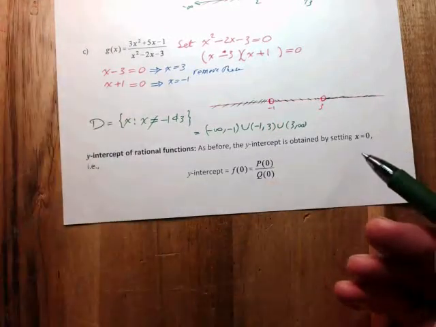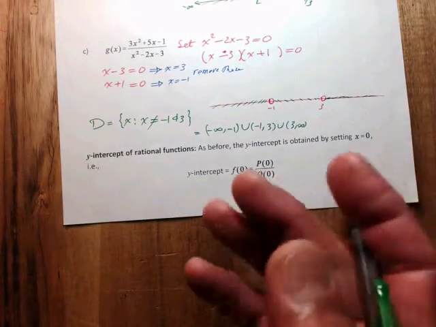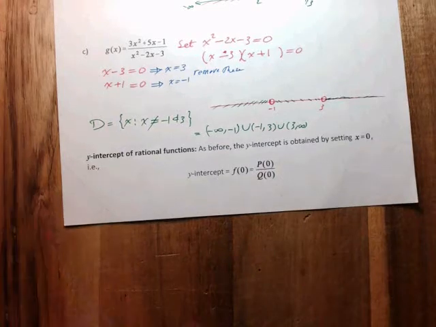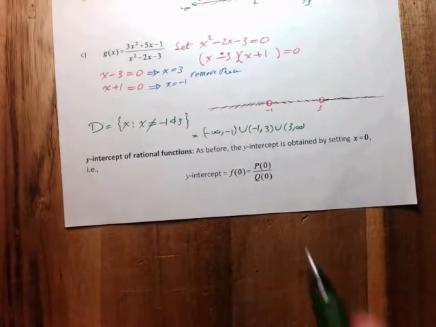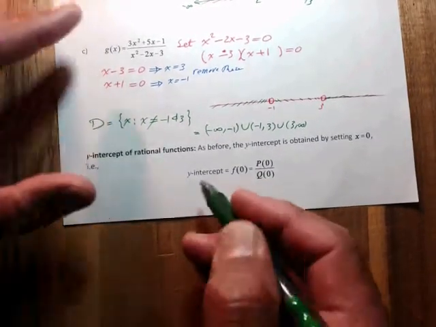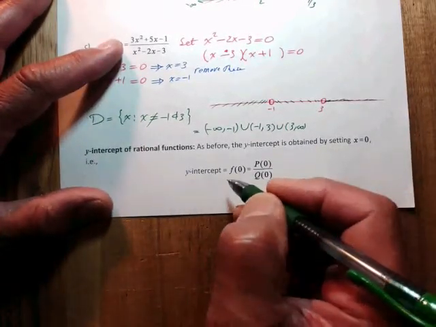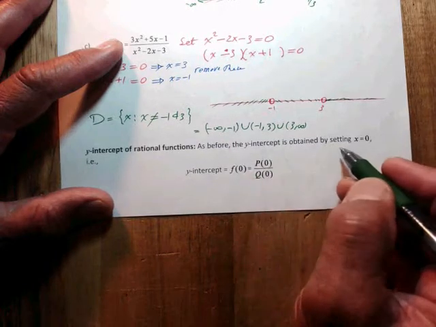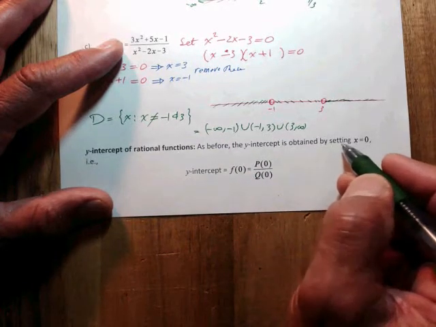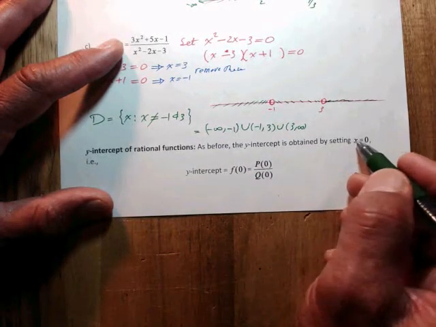Another familiar thing that we did for functions in general, we're going to do it for rational functions, and that's the concept of y-intercept. Y-intercept is always f of 0, no matter what, because the x value is 0.